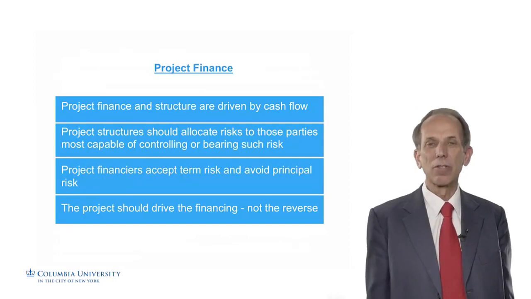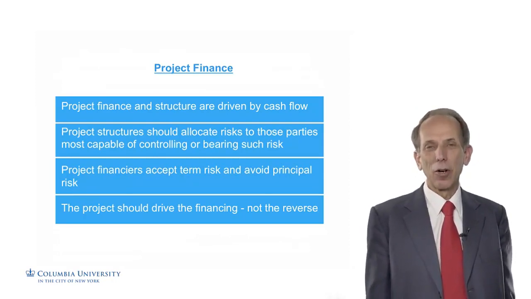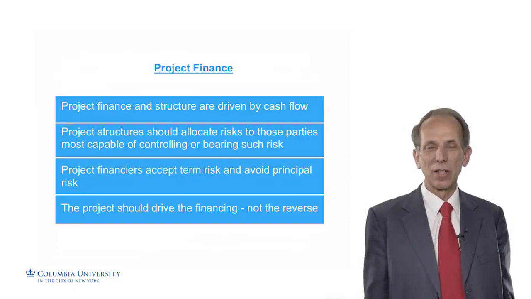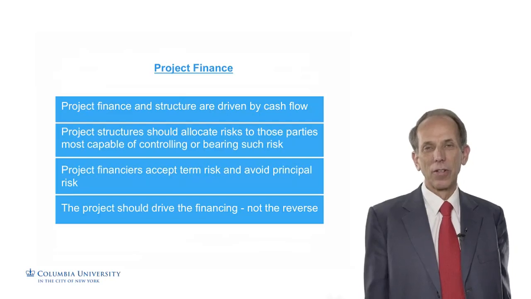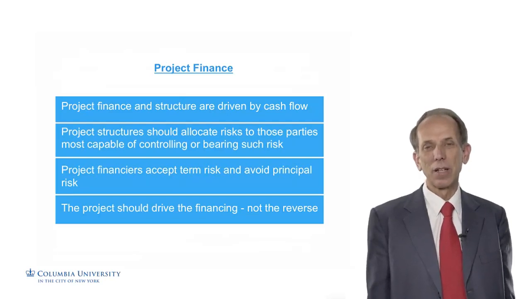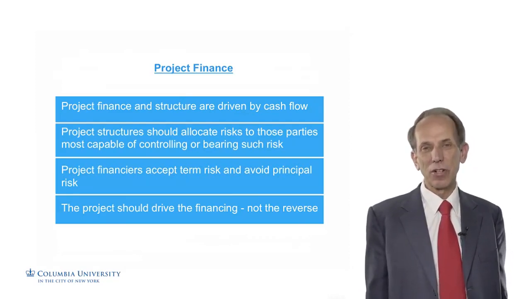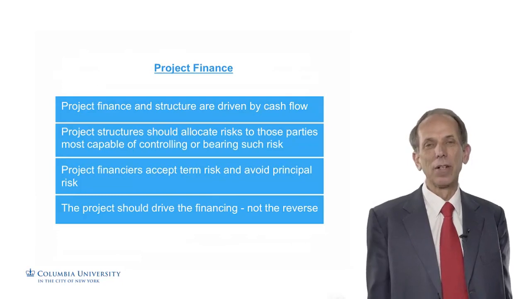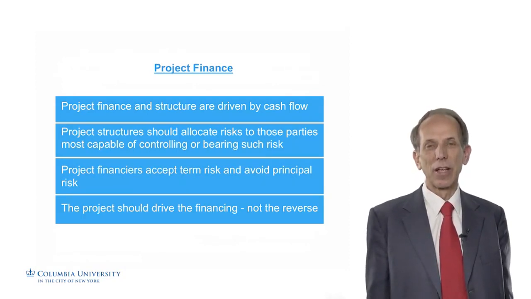And some of the risks, so if you have a copper mine again, copper price risk, you can hedge a little bit of it perhaps, but copper price risk is taken by the sponsors. The sponsors are generally mining companies. Their shareholders are expecting them to take copper price risk. They're structured such that they've got enough capital to manage the ups and downs in the copper market. Copper price risk is given to the sponsors.